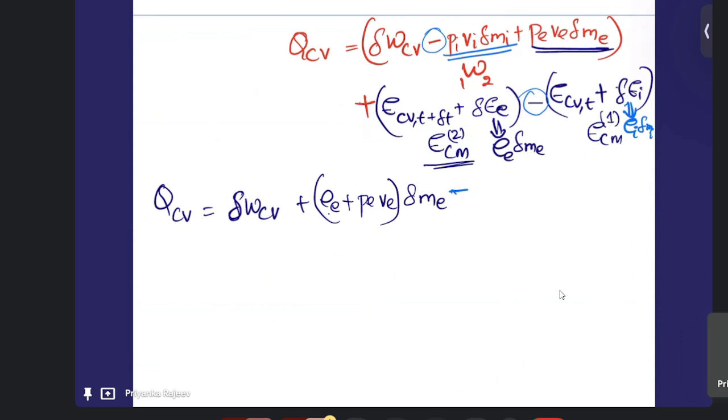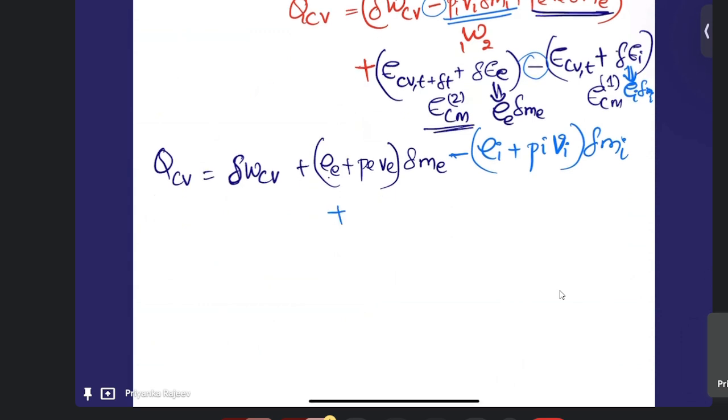So minus EI plus PI times small delta MI. Then the rest of the terms: this term and this term plus ECV at T plus delta T minus ECV at T.